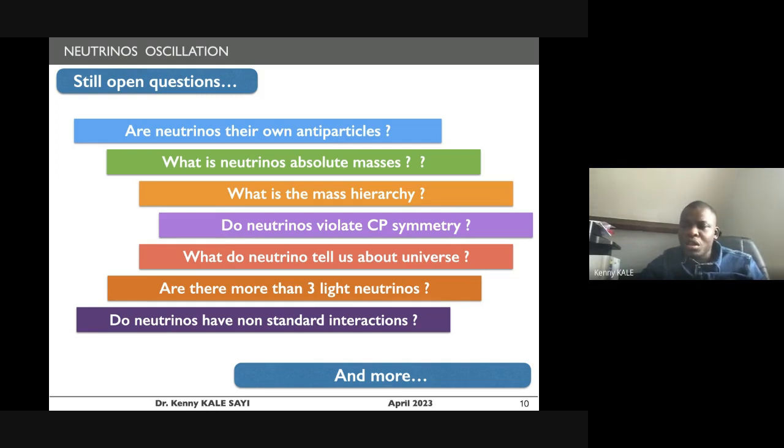We don't see antiparticles. So it seems that the universe, in its evolution, preferred particles instead of antiparticles. This is what we call the CP violation. So if this violation is also the case for neutrinos, this will tell us a lot about the universe, why we have more matter than antimatter in the universe. Very important question.